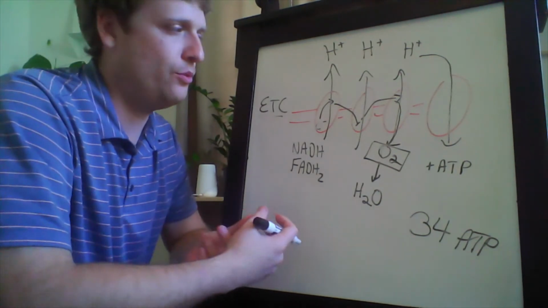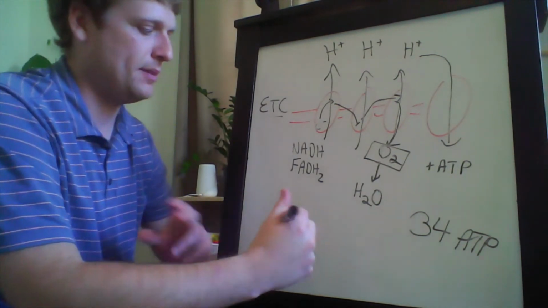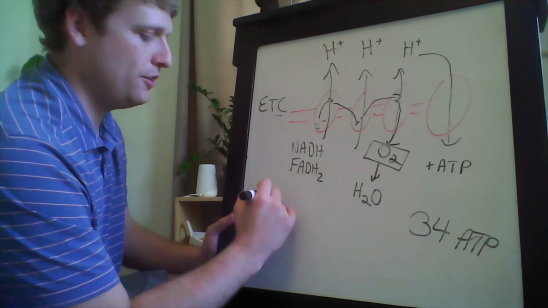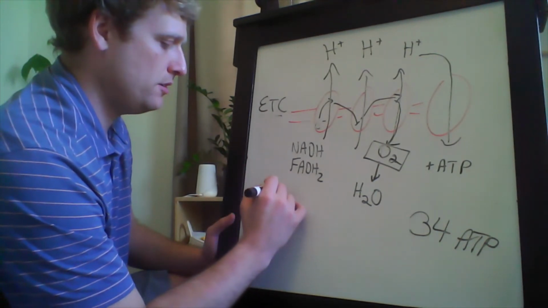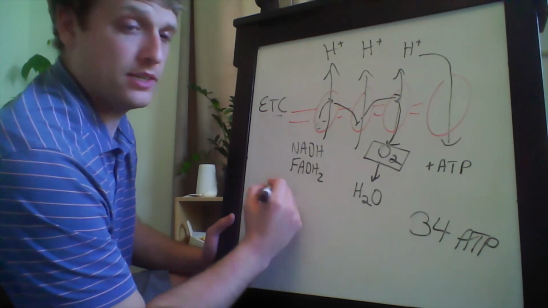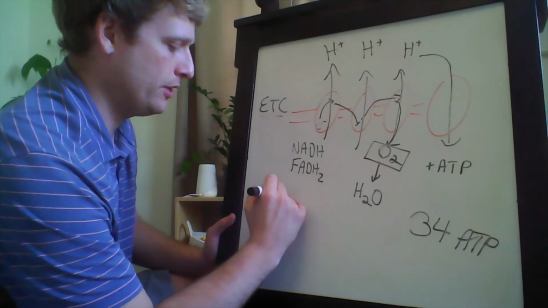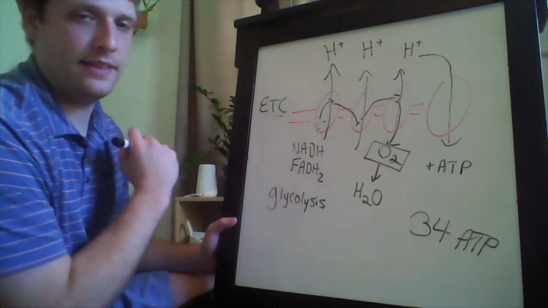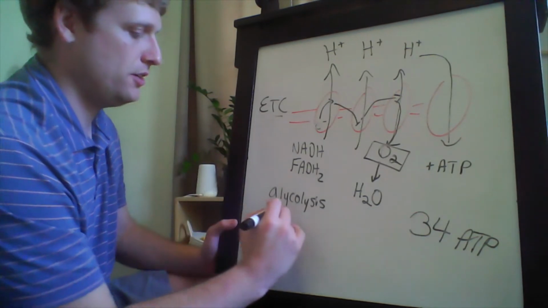So I know we kind of went roundabout through the process, but let's just talk through it one last time. If you've got a molecule of glucose in the cytoplasm or the cytosol, that glucose is going to be broken down through glycolysis. And again, that does not require oxygen.